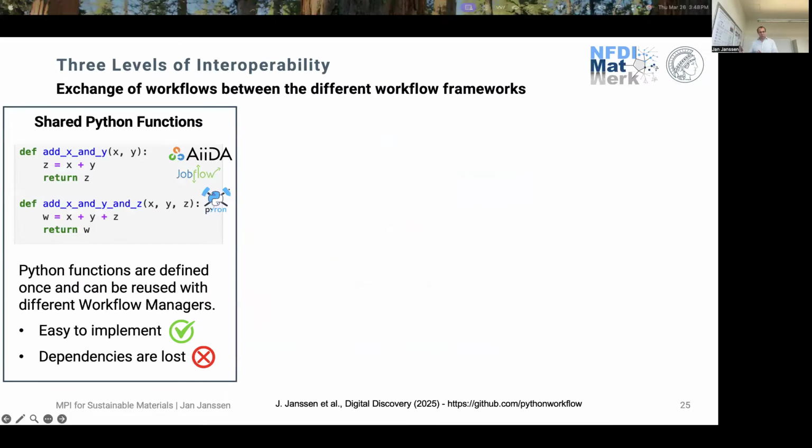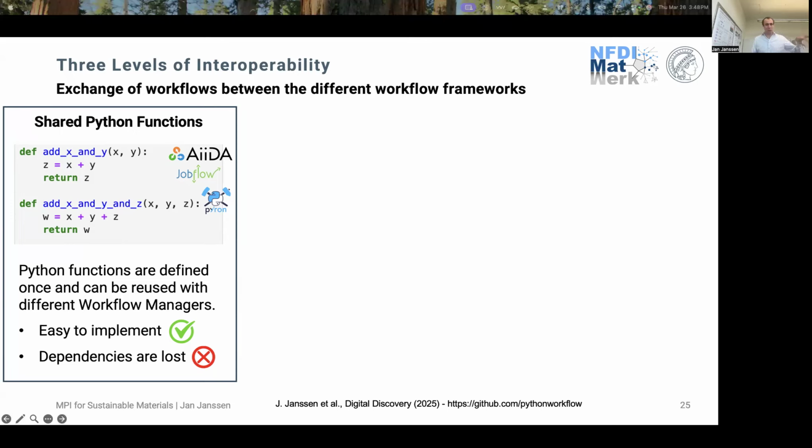Obviously, we are also not the only ones who develop workflows and address these challenges. Back in 2023, we sat together with other workflow developers in our community, primarily the team from AiiDA from Switzerland and the JobFlow community from the Materials Project. And we thought about how we can generalize these workflows even further.